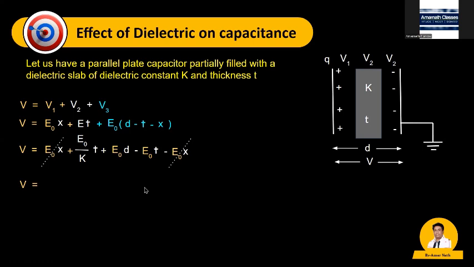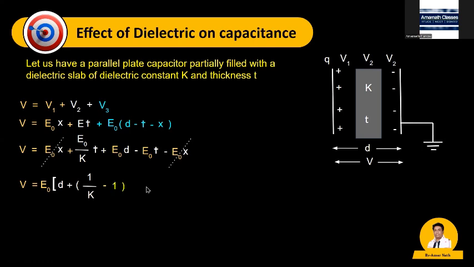Now let me simplify it a little bit. V equals E naught taken common: E naught into D plus, taking T common, T into (1 by K minus 1).